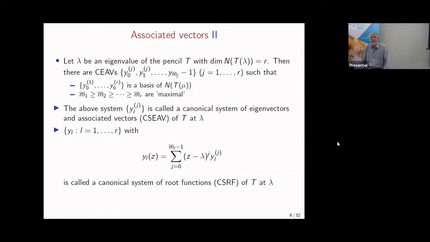It's another notation, namely the canonical system of eigen and associated vectors.